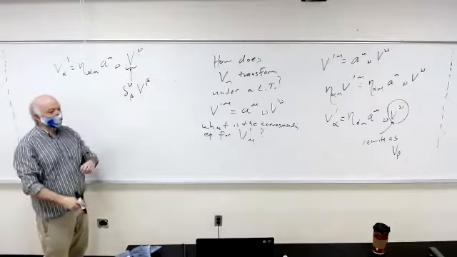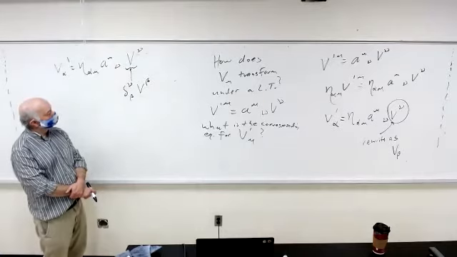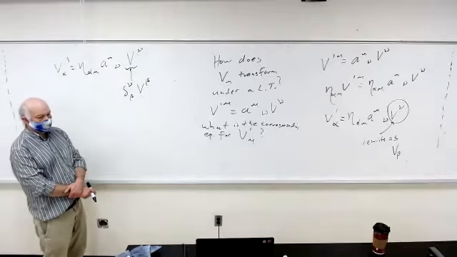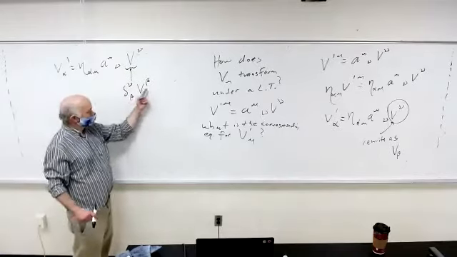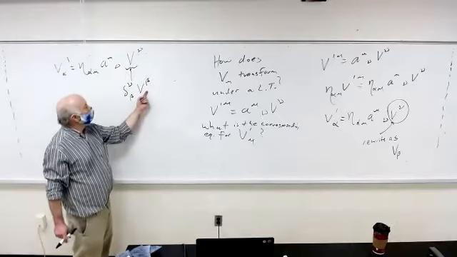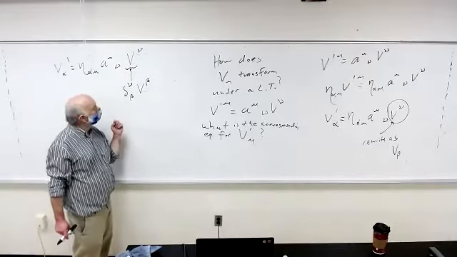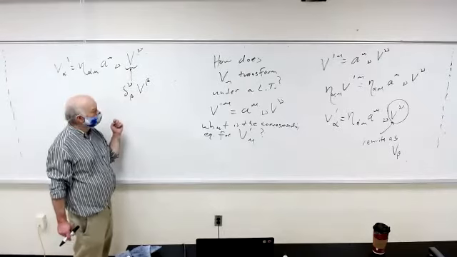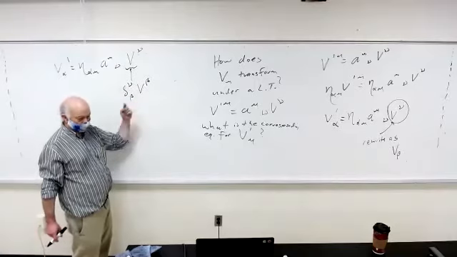Why is this equal to that? Because I'm summing on the beta, and the only term that's going to contribute is when beta equals nu. That's why this is the same as this. Does that make sense?